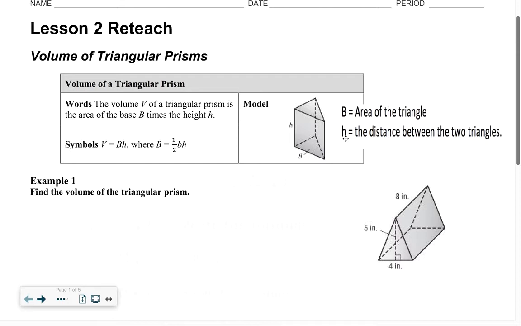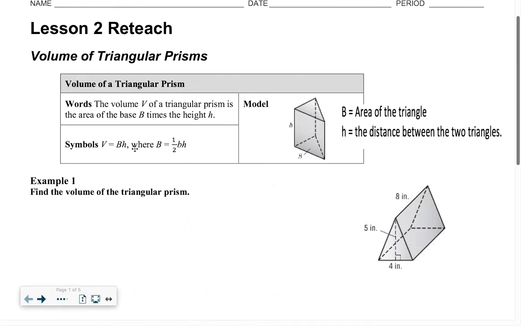It's talking about the height of the prism. The height of the prism is figured out by looking at the distance between the two triangles. So here you see this one, and the height is connecting your two triangles. We need to remember that.